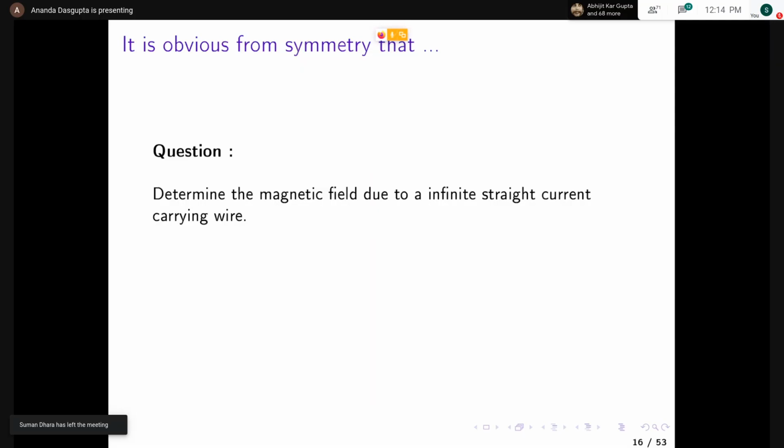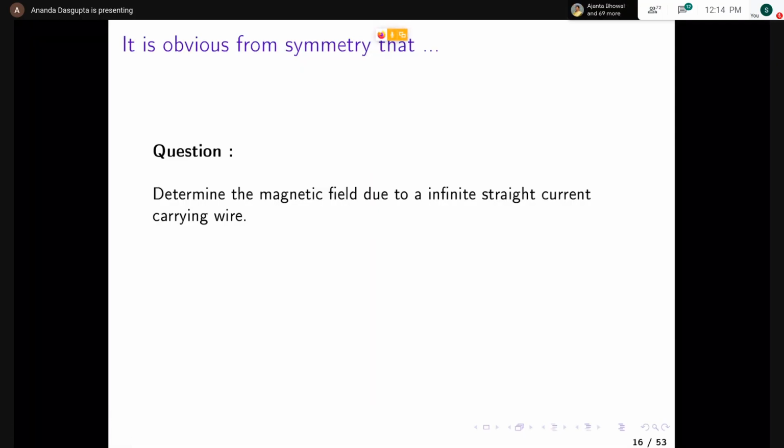No arguments there. All I'm saying is, despite what your textbooks say, it is not at all obvious. There's a lot of thought which has to go into this and the other statements that are made when you use symmetry arguments. And understanding what exactly goes on in those arguments is really critical to understanding a lot of physical aspects of the thing.